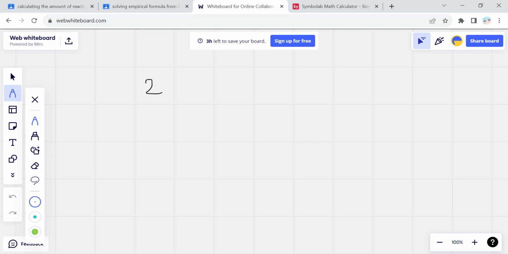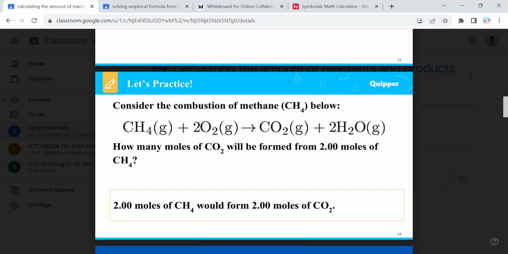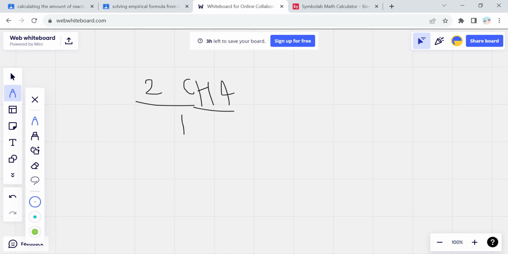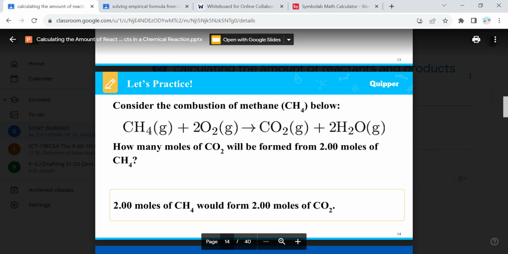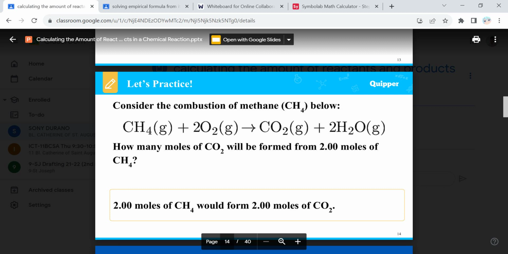So 2 moles of CH4 divided by the balanced mole of CH4, which is 1. You divide it, you get 2. You then multiply it by the balanced mole of CO2, which is 1 as well. So 2 times 1, you get 2. That's how we got this answer right here.